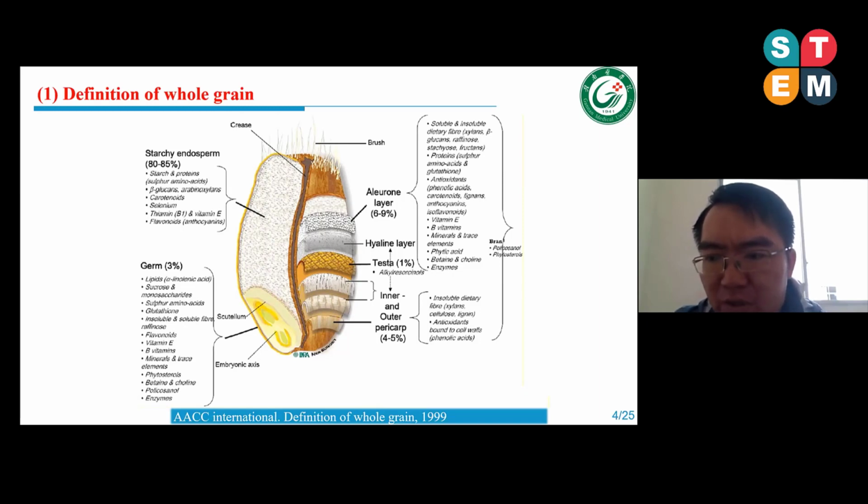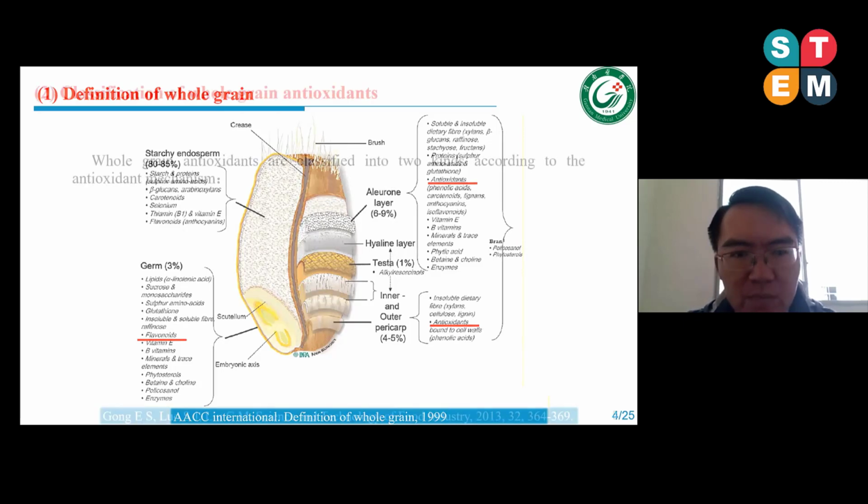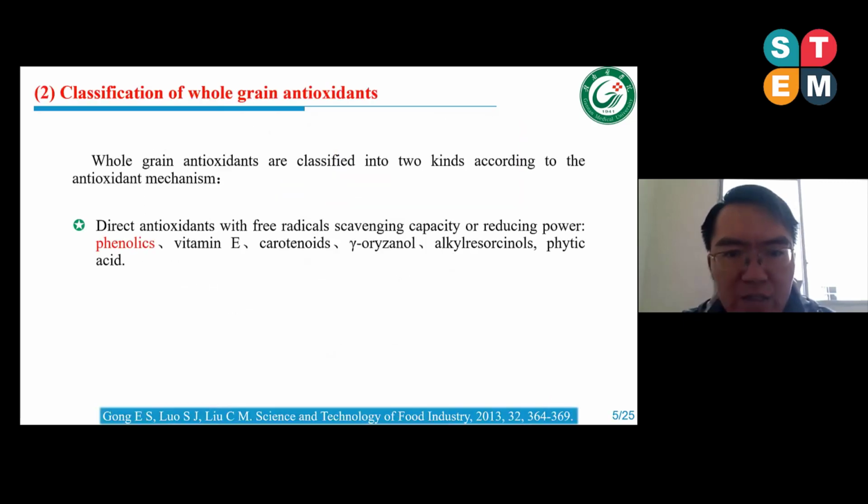Starchy endosperm accounts for 80 to 85% of the total weight, where germ is 3%, aleurone is 6 to 9%, and inner and outer pericarp are 4 to 5%. Antioxidant phytochemicals are mostly present in the aleurone layer, germ, and pericarp. Whole grain antioxidants are classified into two kinds according to the antioxidant mechanism.